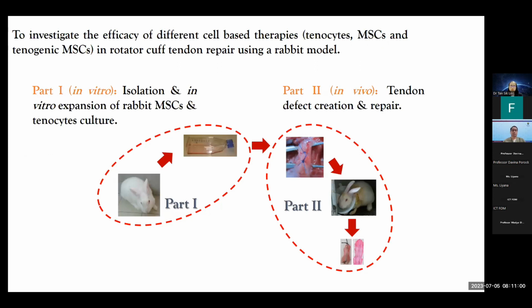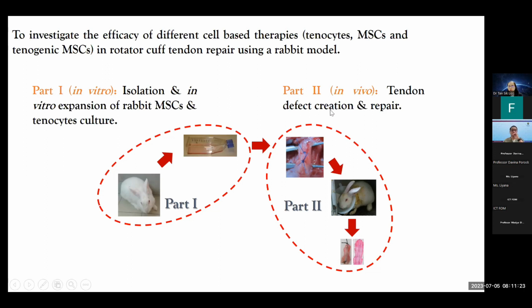In this part of the work, we investigate the effect of different cell-based therapies, including tendon cells, MSC and tenogenic MSC, in rat tendon repair using a rat in vivo model. In this part of the study, part one is the isolation and expansion of the MSC and the tendon cells.